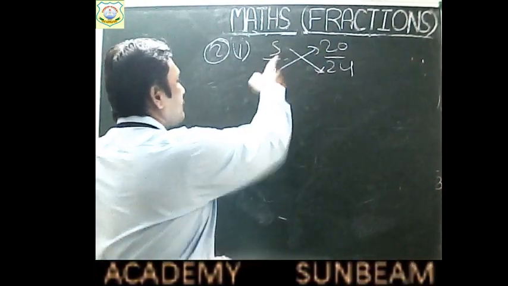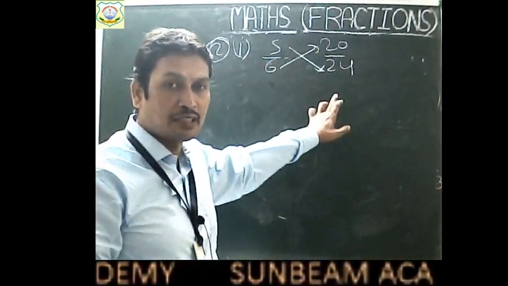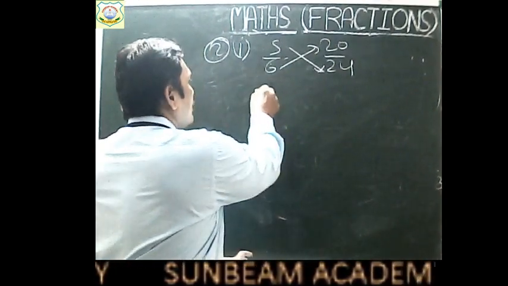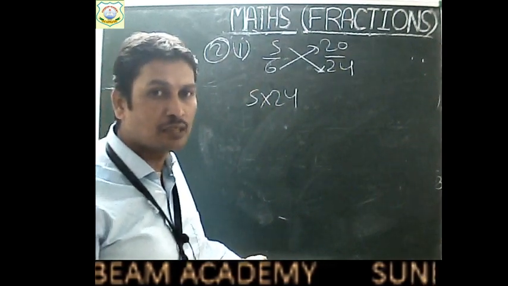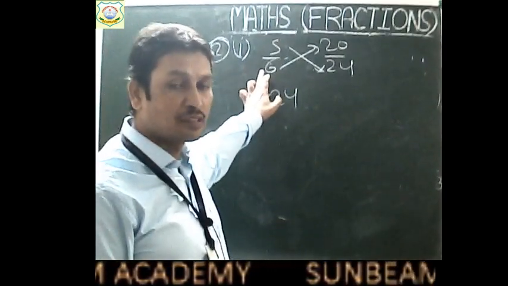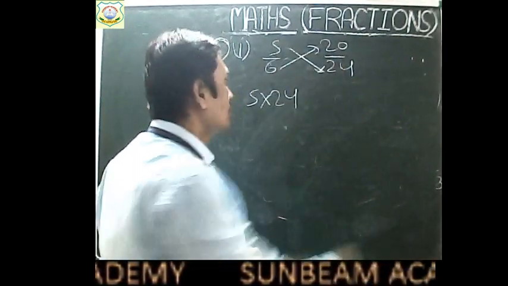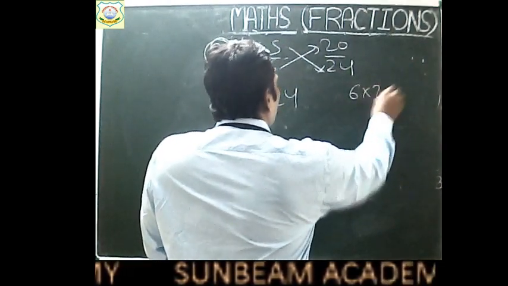So multiply the numerator of the first fraction with the denominator of the second fraction, up to down, firstly. So 5 into 24. Find their product, and in the same way multiply the denominator of the first fraction with the numerator of the second one. So 6 into 20.